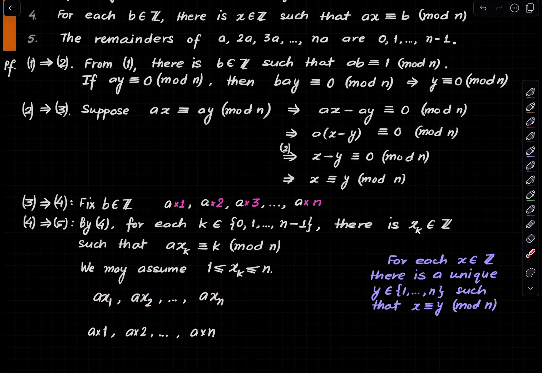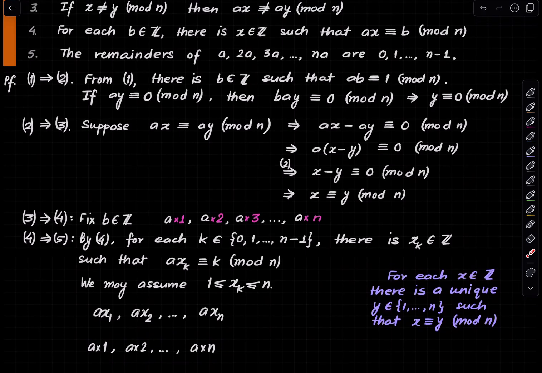Alright? And these leave all the possible remainders that there are, but this list is exactly the same as that list in some order, because x1 is some number in 1 to n, x2 is some number, xn is some number. So these leave all the possible remainders, and this list is same as that list. So they leave all the possible remainders, and that is the conclusion of 5.